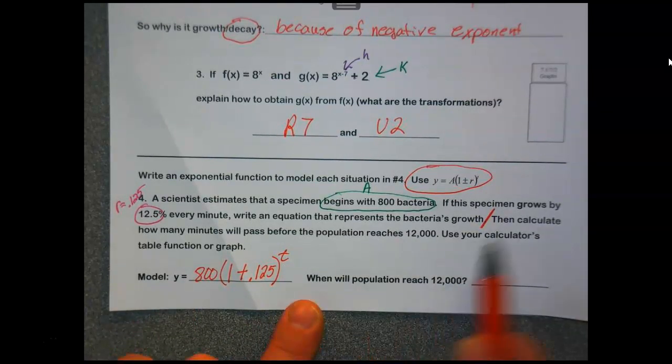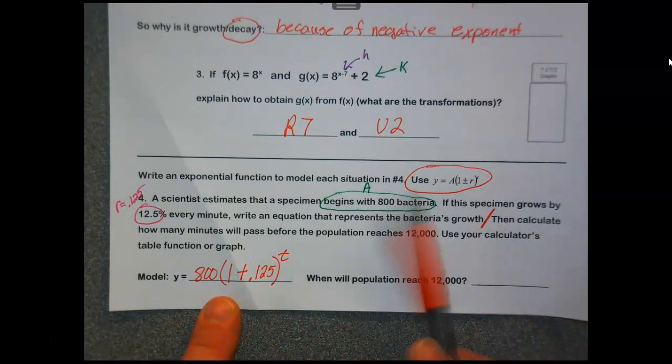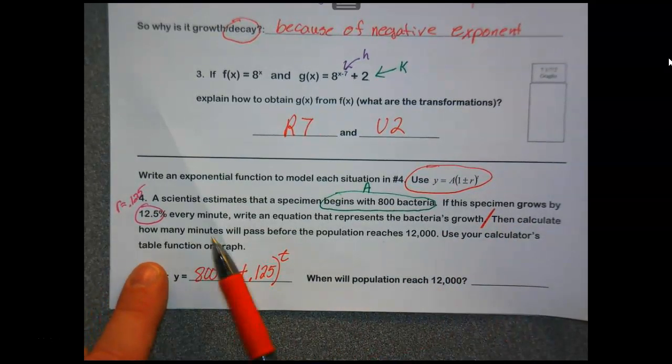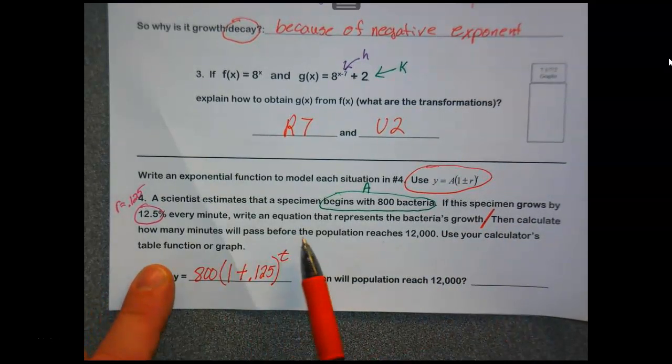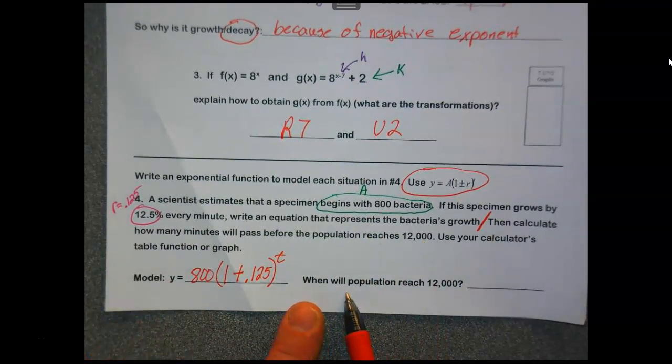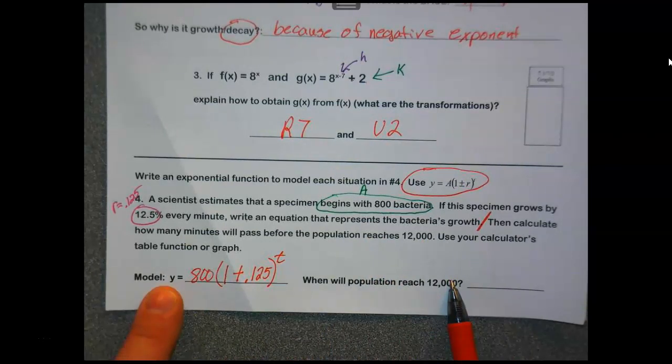So there's my model. Remember, the model's got to have that variable. Then calculate, so I'm done with that part. It says then calculate how many minutes will pass before the population reaches 12,000. Now, what's that 12,000? Is it the Y or the T?